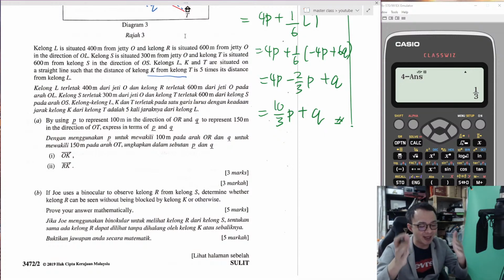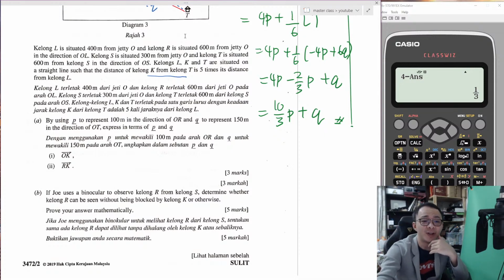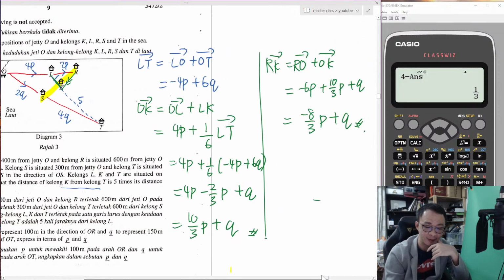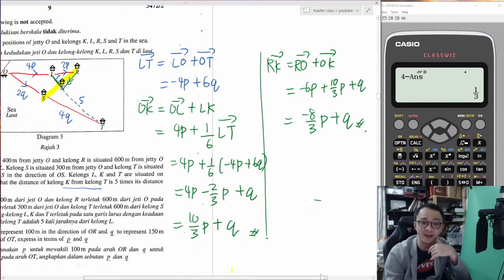Prove your answer mathematically. So what the question is trying to say is RO plus OK. Can we use RO plus OK? Yeah, I actually use RO plus OK.